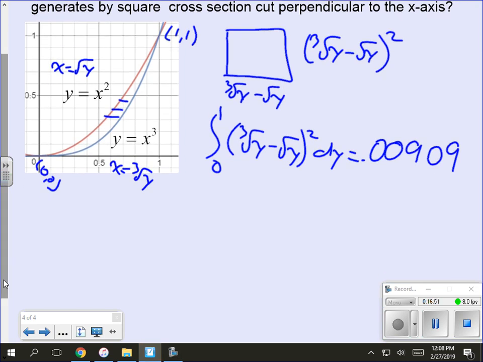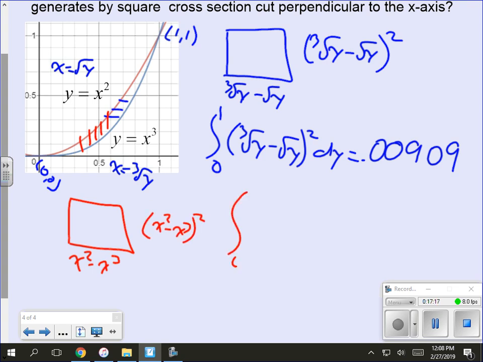Second one, your cross-sectional slices are perpendicular to the x-axis. Okay. Your upper curve is x squared, your lower curve is x cubed. So I have a square, x squared minus x cubed. The area of this is x squared minus x cubed, quantity squared.